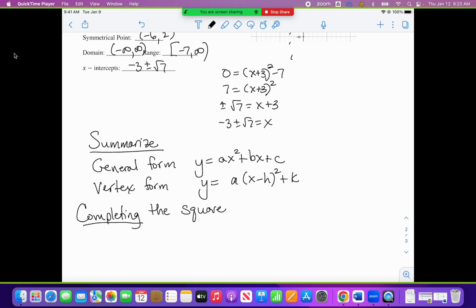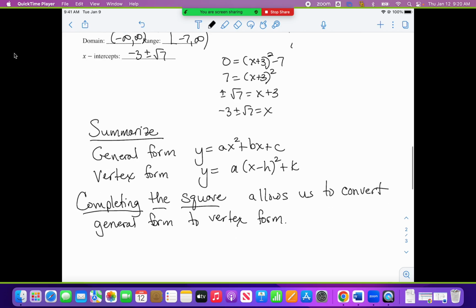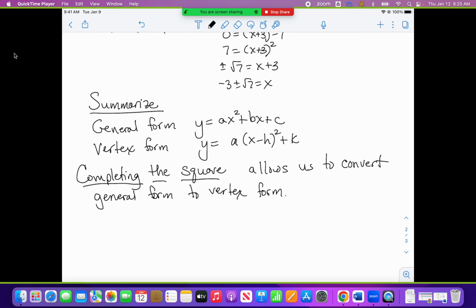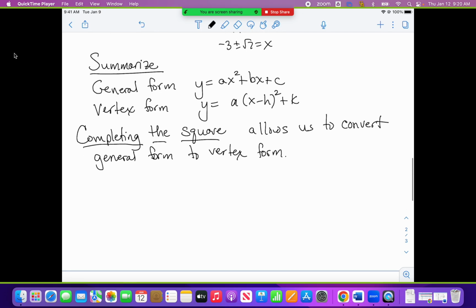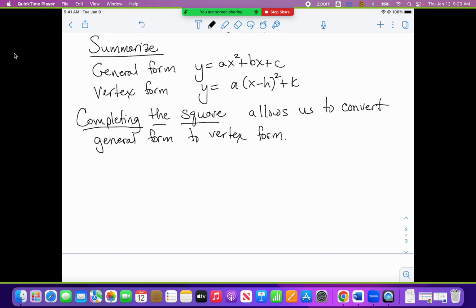The new concept is completing the square, which allows us to convert general form to vertex form. So we started with what we knew, general form and vertex form, and this led us to something new, completing the square.